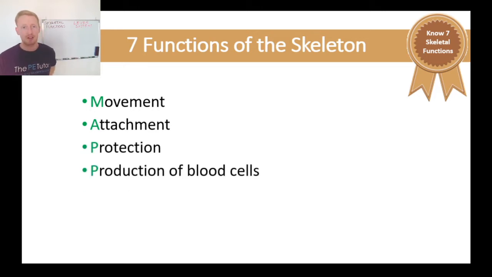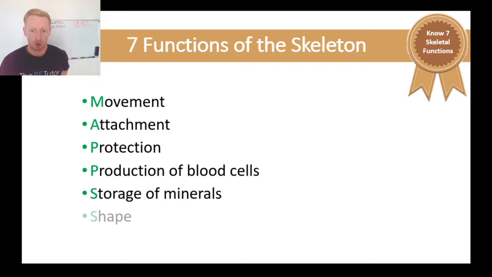Another P for production. An S for storage. An S for shape. And lastly, S for support. And if you arrange them in this way, there is this word that we spell out, this acronym, not anagram, the acronym of MAPS. Okay, MAPPSSS. Movement, attachment, protection, production, storage, shape, and support.